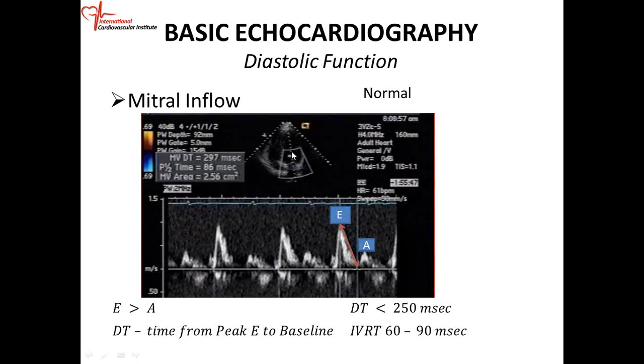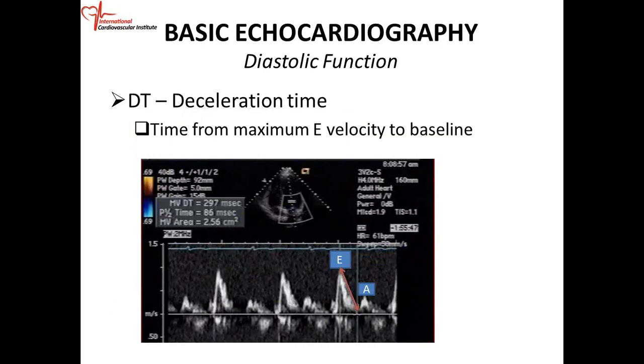You're not going to get a good IVRT if you leave your cursor right there. You have to move it and put it in between the mitral valve and the aortic valve. And when you're doing your IVRT, you need to increase your scale so that you can magnify everything, so that your measurement error is reduced.